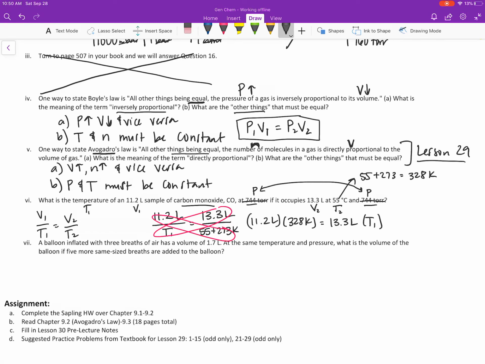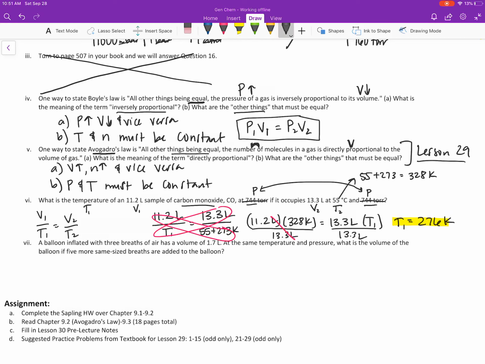Okay, you multiply the two on the left and then divide them by 13.3 liters. Having done everything correct, we could see the liters are going to cancel out, leaving us with temperature in Kelvin, and we should get 276 Kelvin.